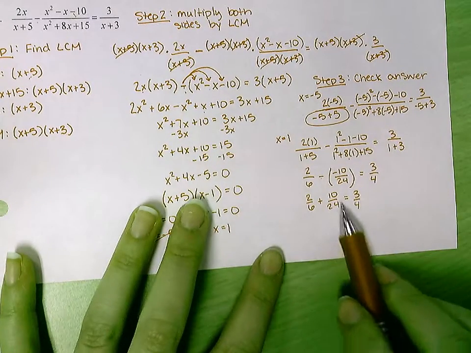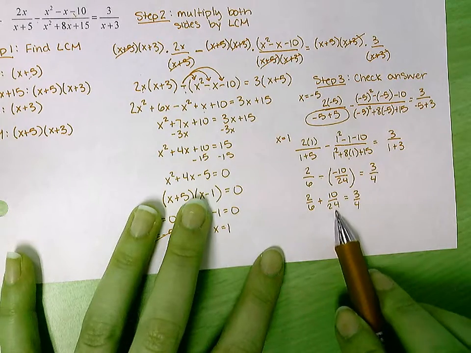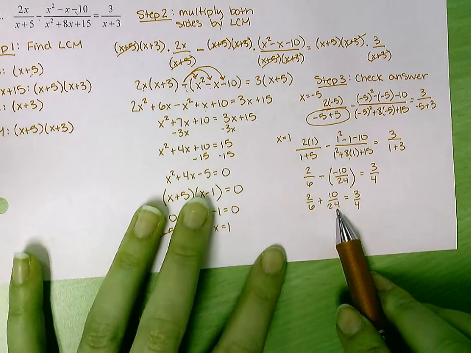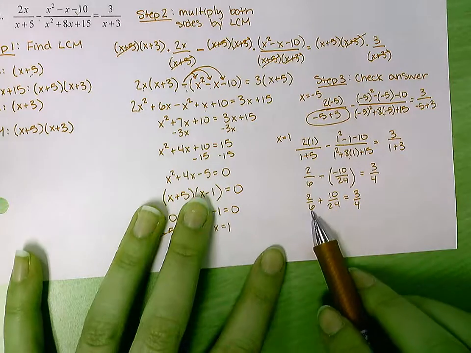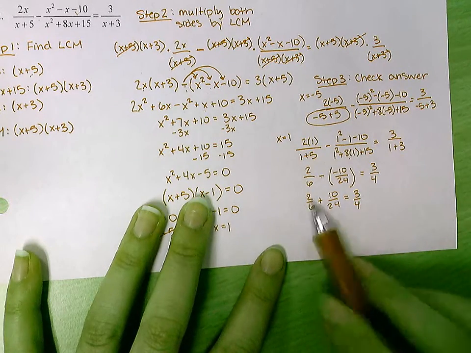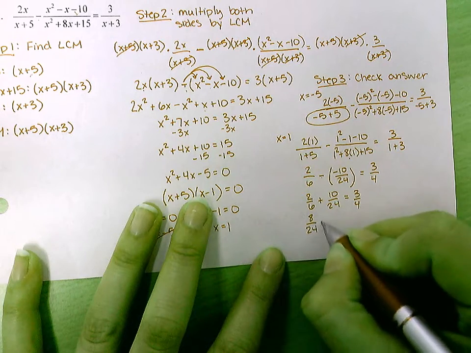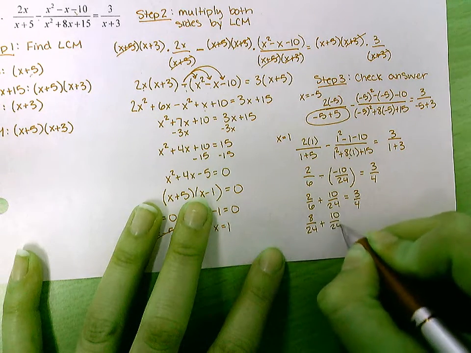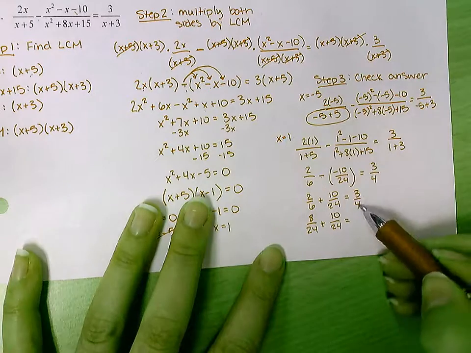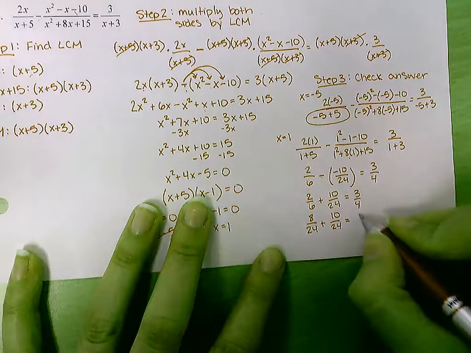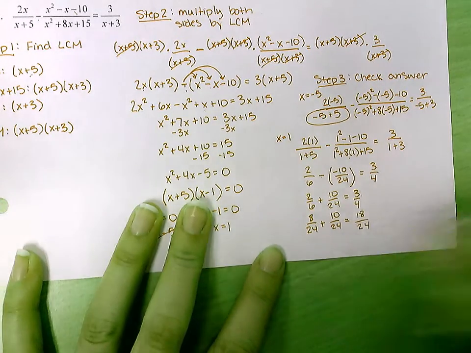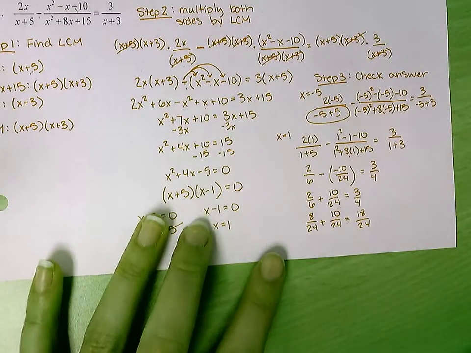Now I need a common denominator. That common denominator, we can just make 24 since this one's already 24. So I'm going to multiply both of these by 4. So we have 8 over 24 plus 10 over 24. Multiply both of these by 6. So we have 18 over 24.